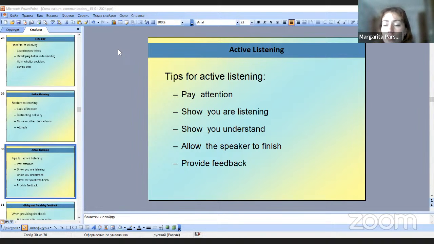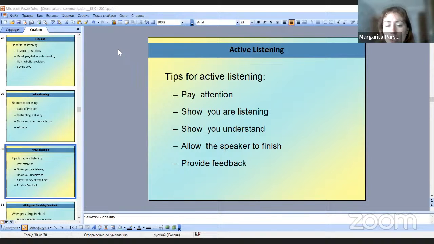So do not interrupt. Interruption, as everybody knows, is not very good. When you're interrupting, it does not lead to good communication and shows you as not a good negotiator, not a good communicator.